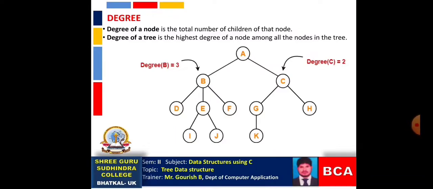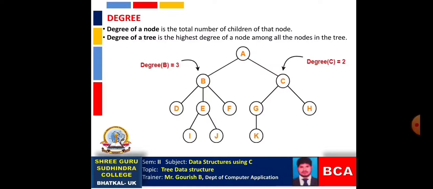Then what is the degree of a tree? Degree of a tree is the highest degree of a node among all the nodes in the tree. That means first find the degree of each node, and see which node has the highest degree. That degree is the degree of the tree.